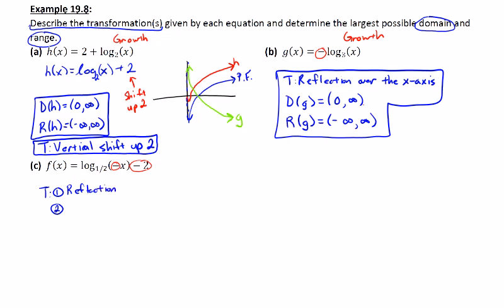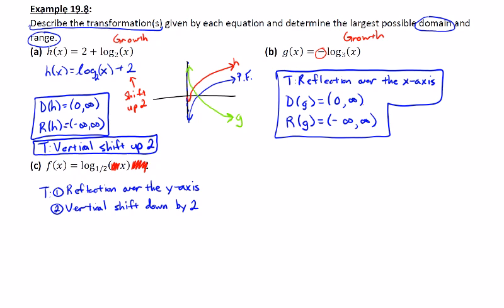So you're going to have a reflection this time over the y-axis, and then you will also have a vertical shift, and this will be a vertical shift down by 2. But if I take away the multiplier and the subtraction of 2, if I just cross those out, then my parent function is going to be log base 1/2 of x.